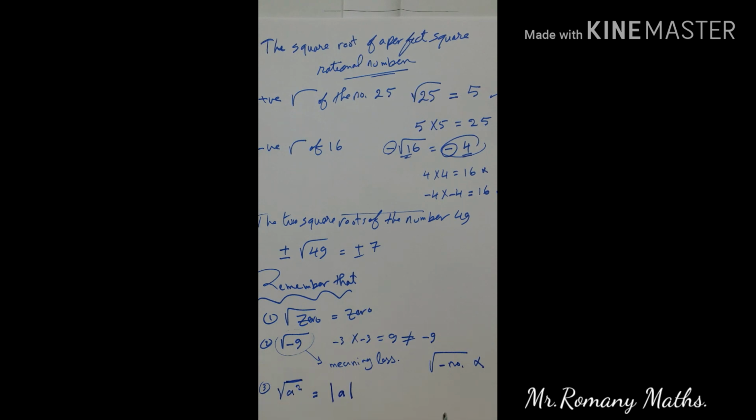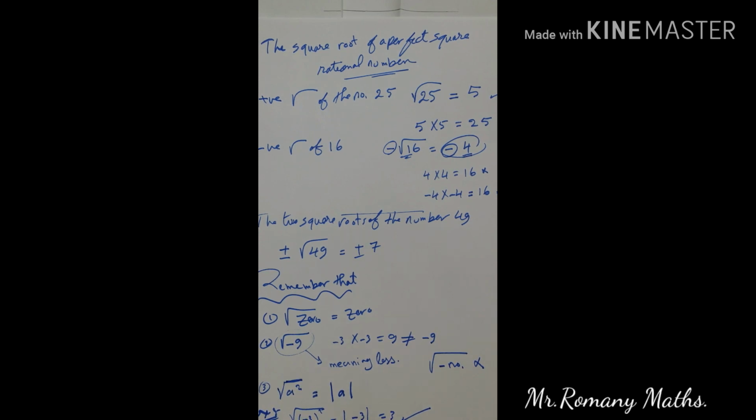Absolute A. You have to take the positive one. For example, square root of negative 3 squared equals, yes, absolute negative 3 equals 3. Right.